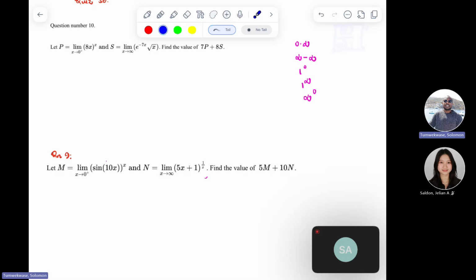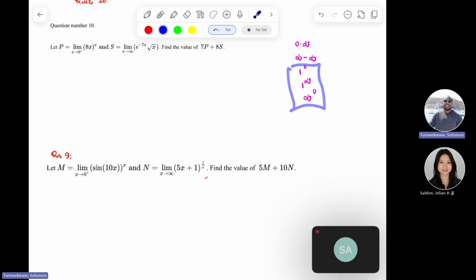Same thing here: if I have infinity minus infinity after taking the limit, then once again I rewrite the function so that I'll have an indeterminate form, and after that I can use L'Hopital's rule.